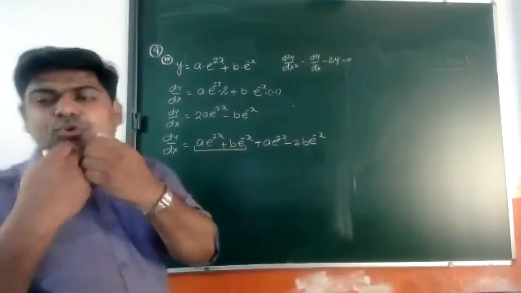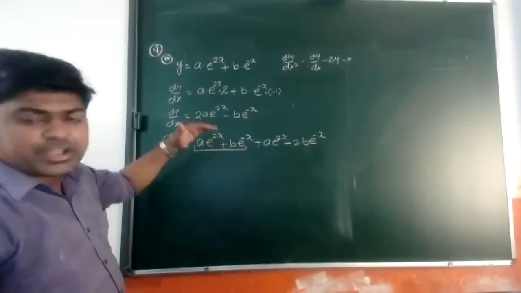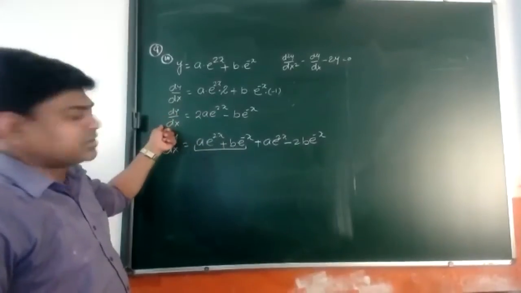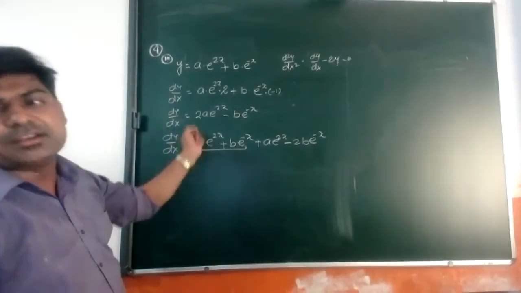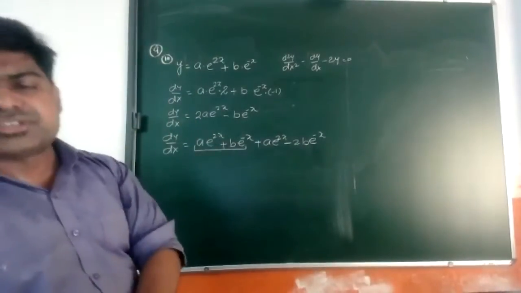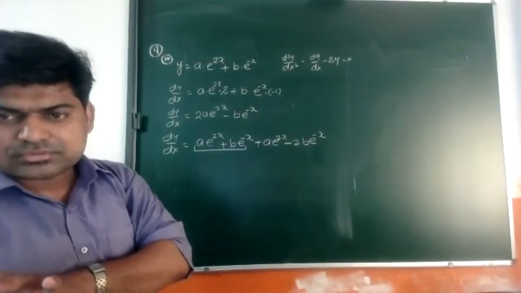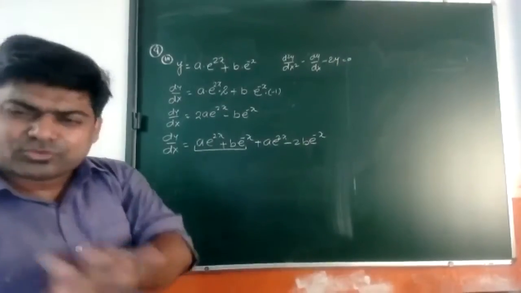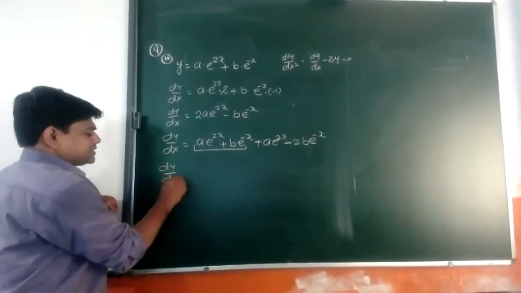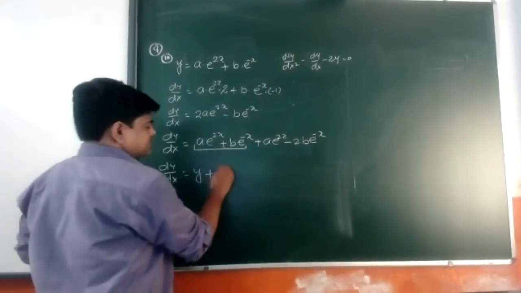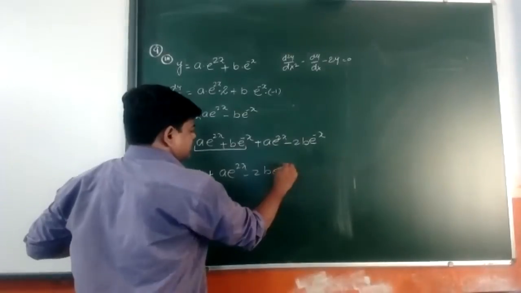Second method, if you don't want to do any arrangement here, no problem. You may get that d2y by dx square directly, and then in the last moment we can do this arrangement. Both options are there in front of you, and I'm doing both. Don't worry. Here, what should I write? dy by dx is equal to y plus a e to the power 2x minus 2b e to the power minus x.